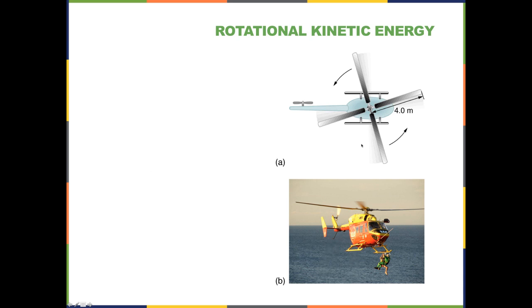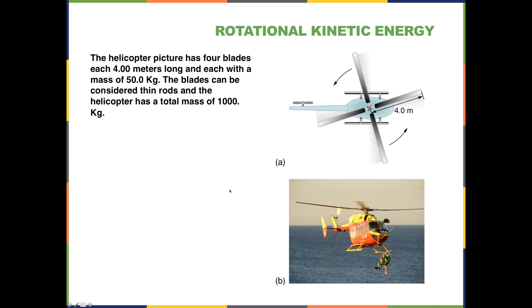Here's another problem, and this looks at a helicopter. We have a helicopter in the picture. It has 4 blades. Each blade has a mass of 50 kilos and a length of 4 meters. The blades can be considered thin rods, and the helicopter has a total mass of 1,000 kilos.